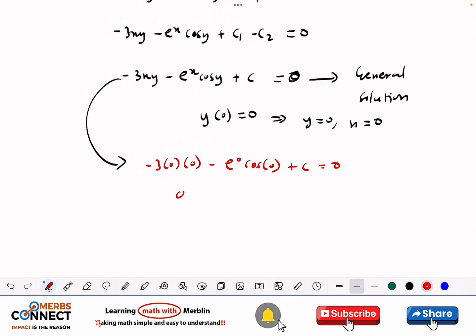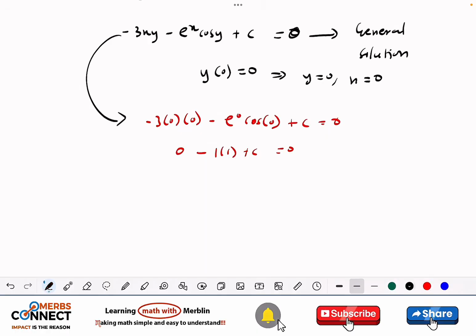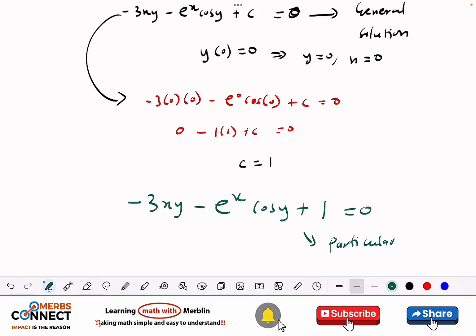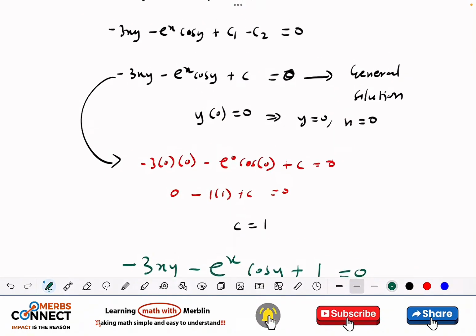So this will be 0 minus, this will be 1 times 1 plus c is equal to 0, and c will be equal to 1. So it means that we are now going to have minus 3xy minus e^x cos y plus 1 is equal to 0. And this is the particular solution. Good. This is the particular solution.